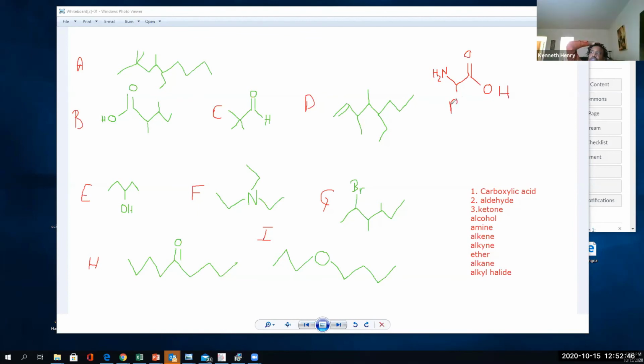So this is the generic structure for amino acids. Do you guys know how many different amino acids there are in the human body, or in a protein?